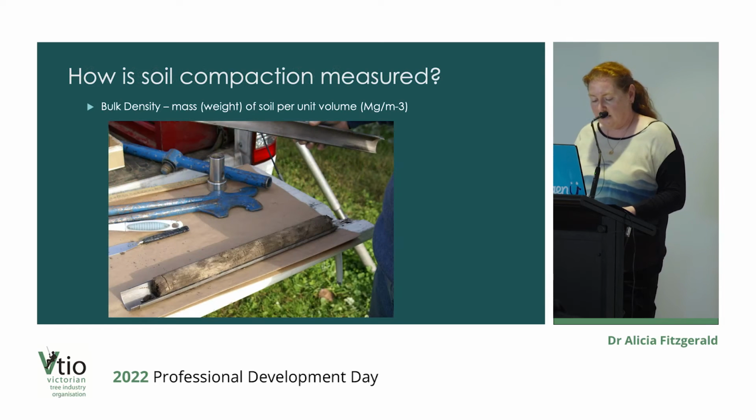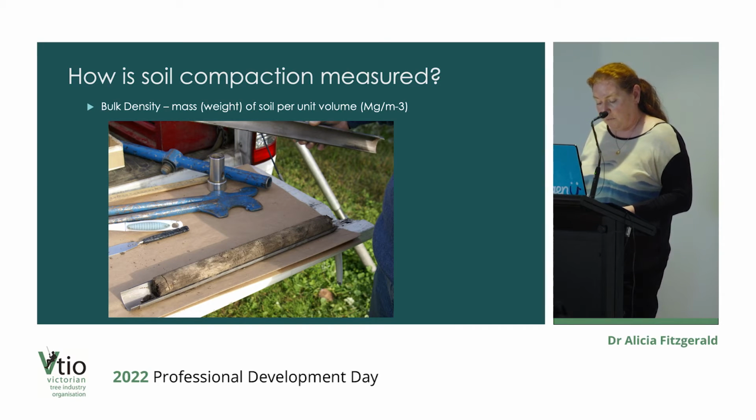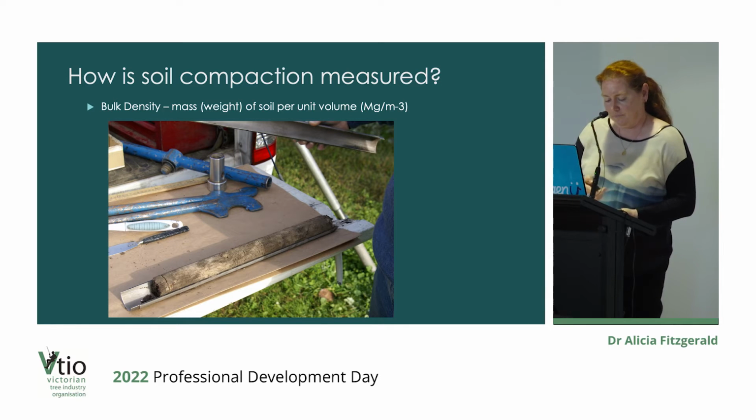So how is it measured? One method is bulk density, which is calculating the soil's dry weight divided by its volume, expressed in megagrams per cubic metre. And this photo shows the coring method, which I used in my experiment, where a sample of undisturbed soil is taken, then dried in an oven for 24 hours, dividing the weight by the volume.